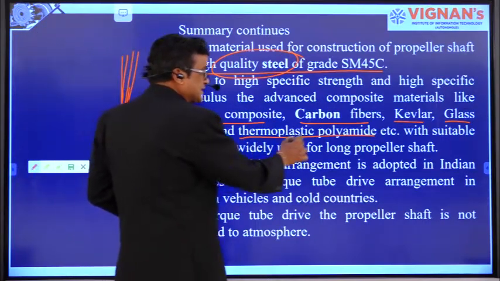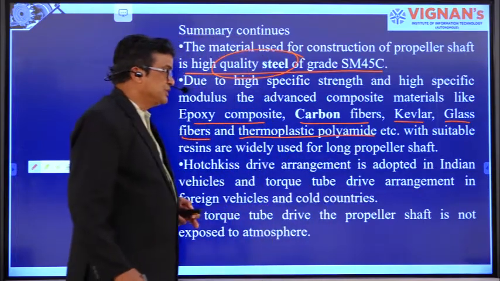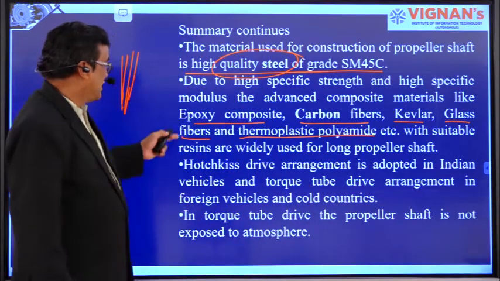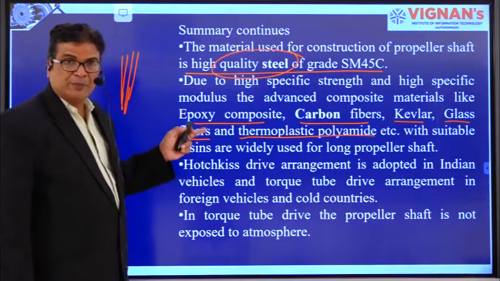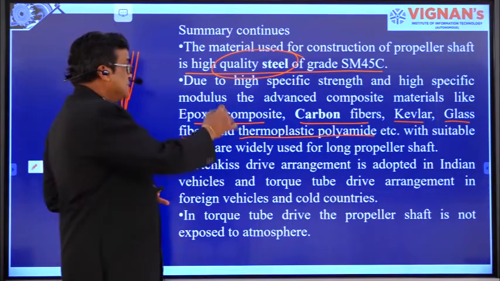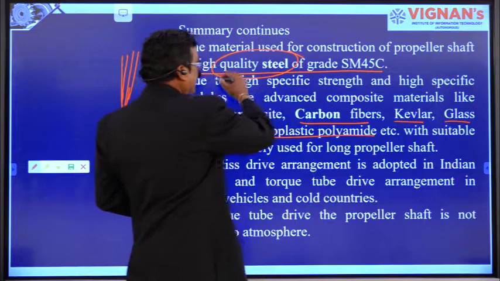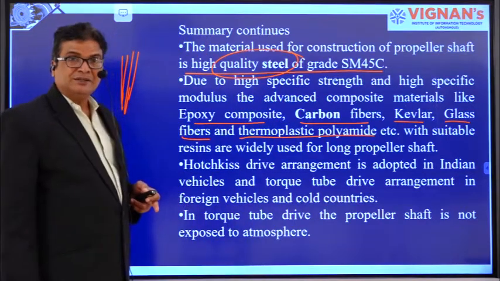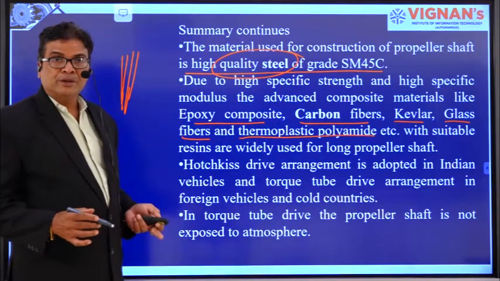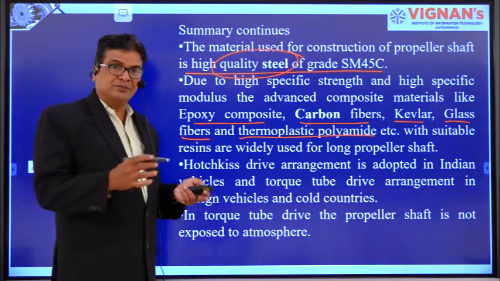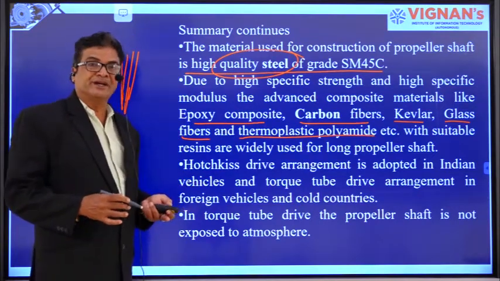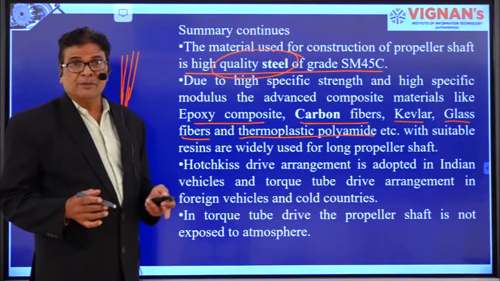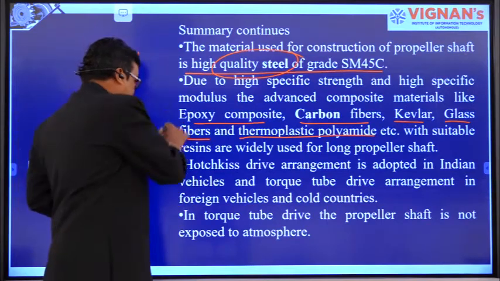Thermoplastics and polyamides are also used for manufacturing the propeller shaft. Till now, the propeller shaft is made of high quality steel. Research is going on, and some companies have already implemented propeller shafts made with composite materials.